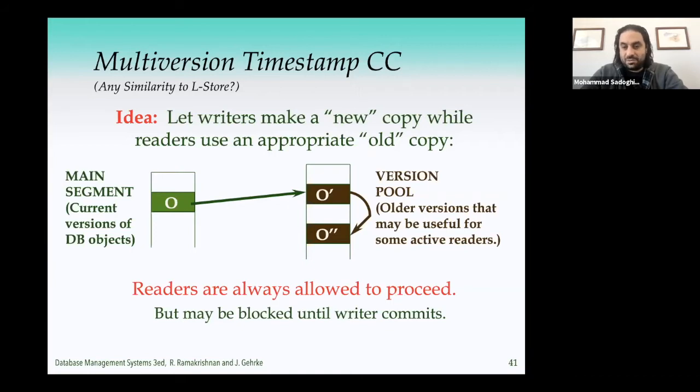to reduce the contention between the reader and writer, and making sure that the reader can always proceed, but they may be blocked. And if you remember in the 2VCC, we talked about speculative read. And speculative read, essentially, they get a commit dependency on the writer, meaning that if the writer is currently in the certification phase we talked about, the reader can come in, read that record, but they will be notified, or they become aware, that this write hasn't been fully finalized.